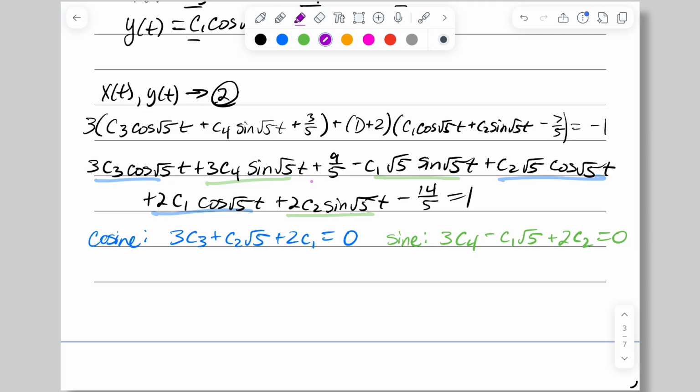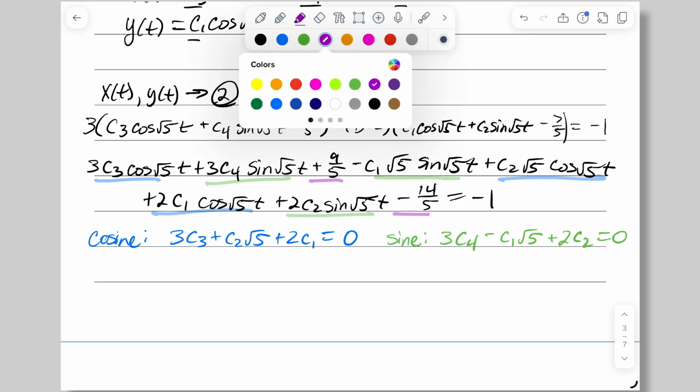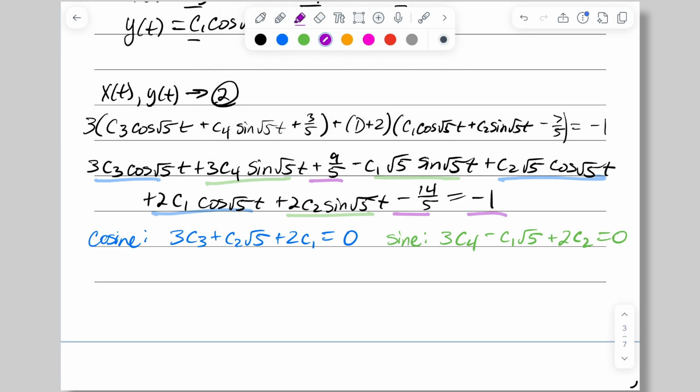And then for the constants, we have 9/5 minus 14/5 on the left. And I see an error that I made over here because the right-hand side was supposed to equal -1, and that negative 14/5 plus 9/5 is indeed -1, so we can see that the solutions work with the differential equation.